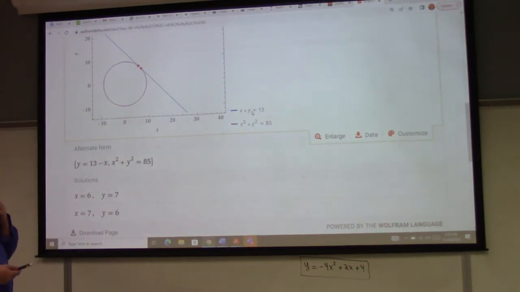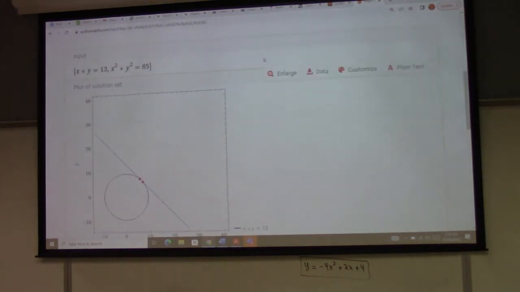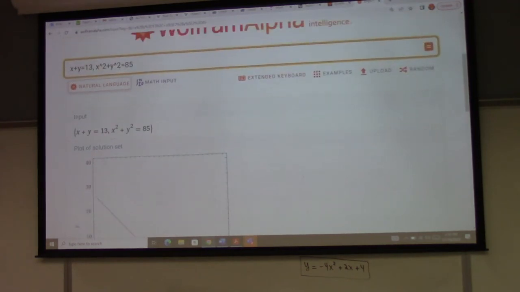What do you think is going to happen if I increase the y-intercept from 13 to like 15? What do you think will happen if I increase the y-intercept to 15 on this problem? Let's try it out.